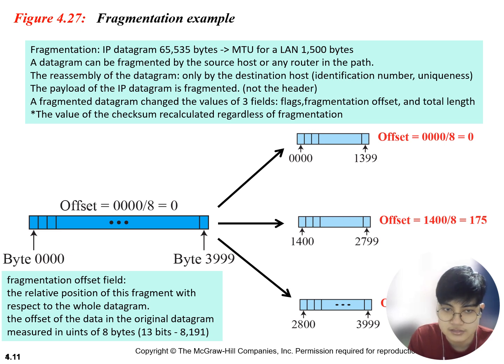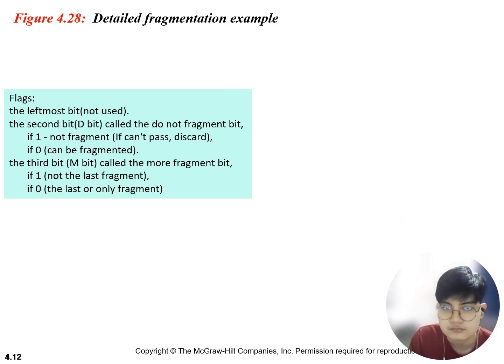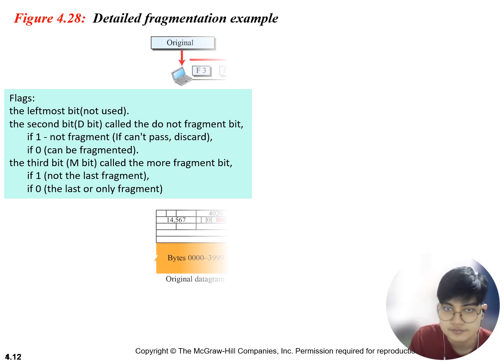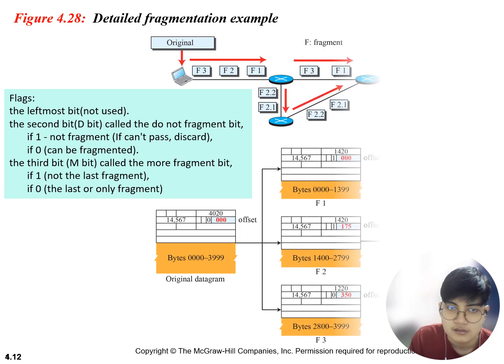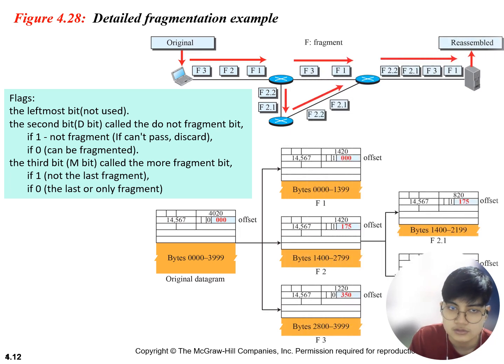The fragmentation offset field is the relative position of this fragment with respect to the whole datagram, the offset of the data in the original datagram measured in units of 8 bytes. Details about the flags: it has 3 bits.